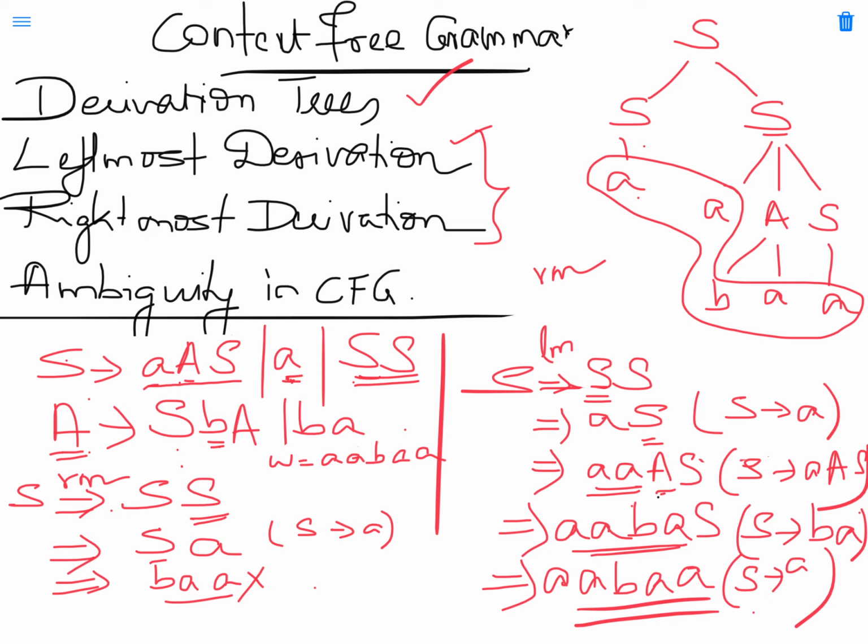So you have to choose the other set of productions. Which production can you choose? S gives AS, we can choose.